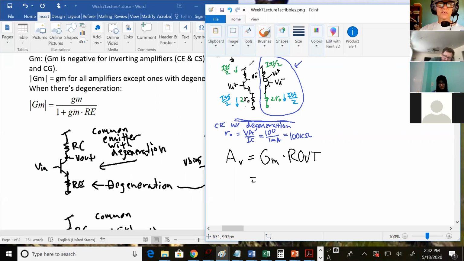Well, let's just do GM first. What's the GM for a degenerated circuit? When there's degeneration, this is a common emitter, so there's a minus sign: minus GM over 1 plus GM RE.